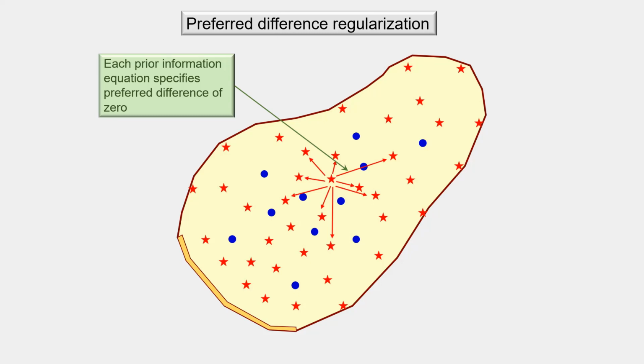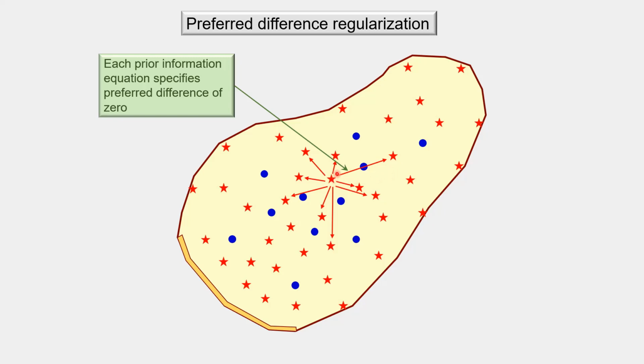Now, for this particular layer, I formulate preferred difference regularization by adding a number of prior information equations for each pilot point, specifying that the value ascribed to the pilot point minus the value ascribed to the neighboring pilot point is 0. So what I'm effectively saying here is preferred homogeneity.